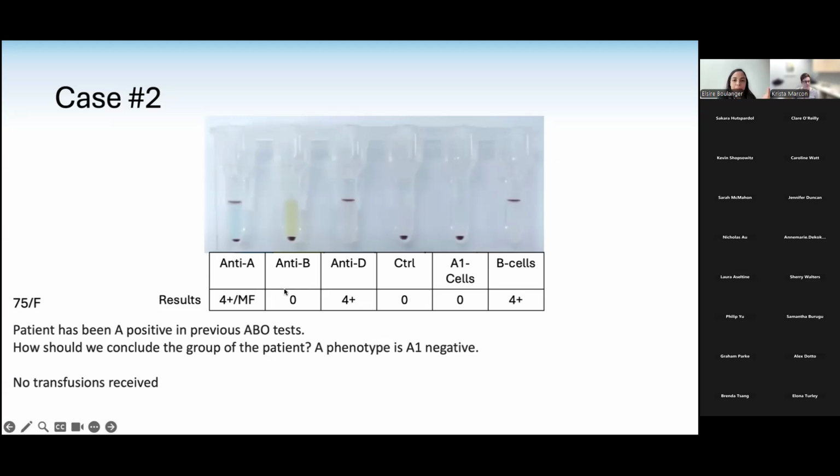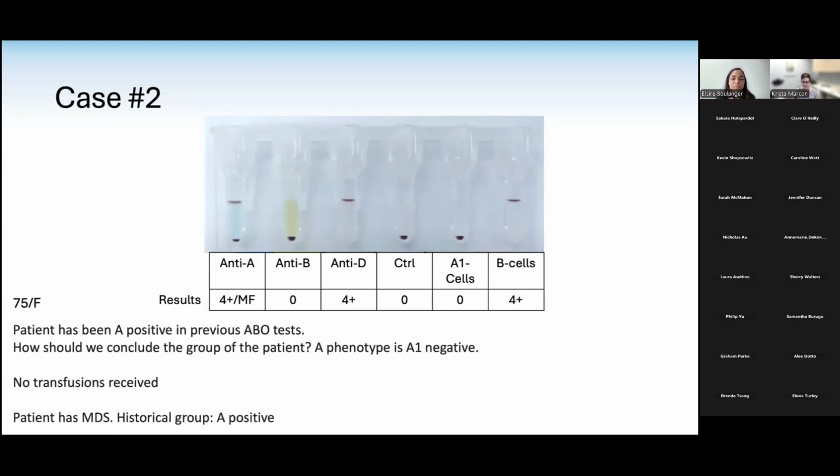But what is happening? If this patient had received a transfusion, I could believe that maybe this patient received a lot of transfusions of O red blood cells, and this can happen when the patient receives O red cells. But in this case, the patient has MDS. So this is another important cause.